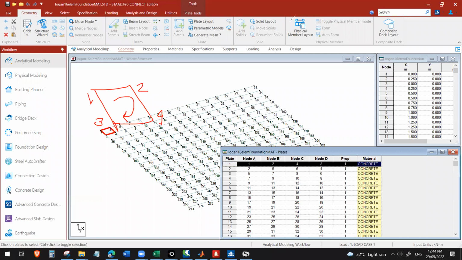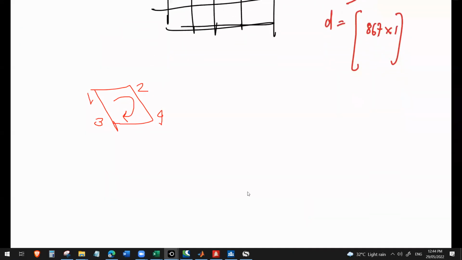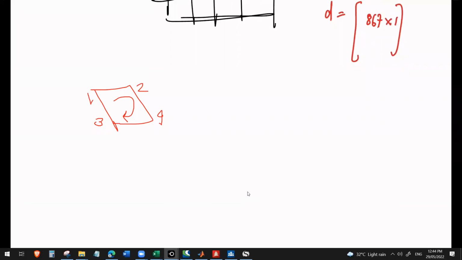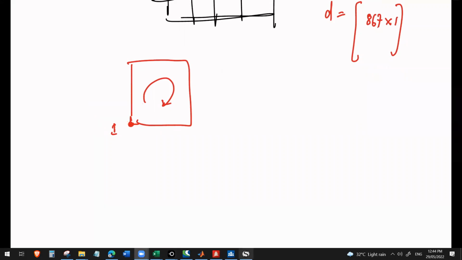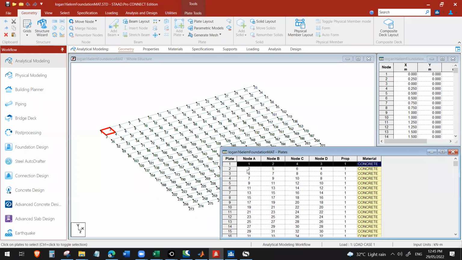But my problem there is, like I said, our derivation, if you remember, is clockwise, but here our node 1 is there. So, to be consistent with our derivation, instead of 1, 2, 4, 3, I will use 3, 1, 2, 4.